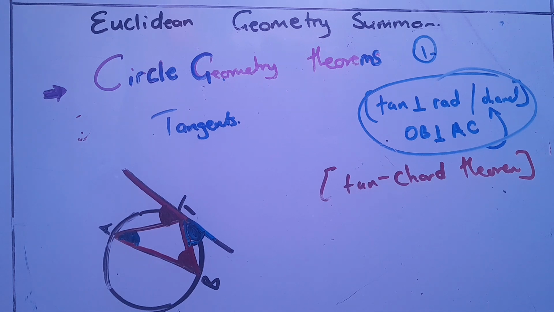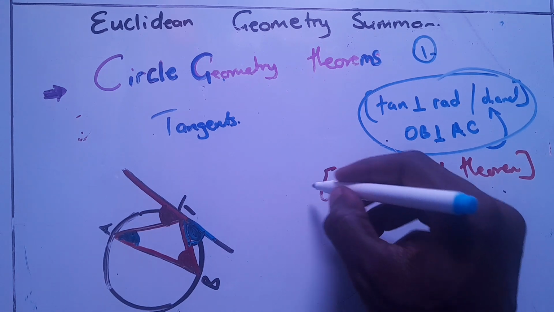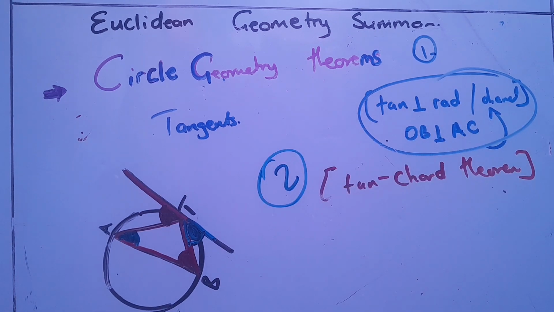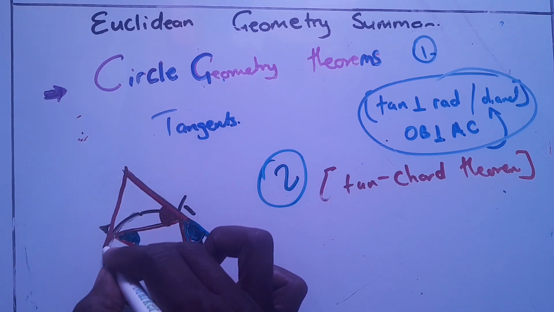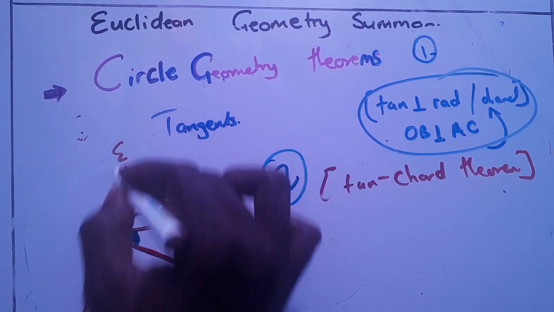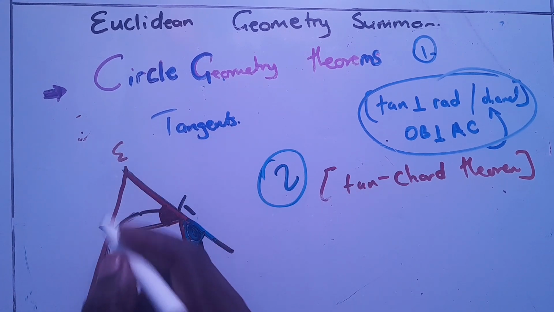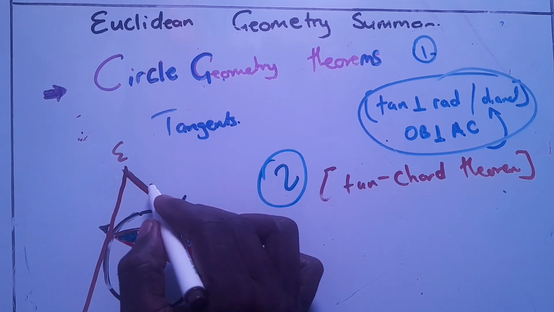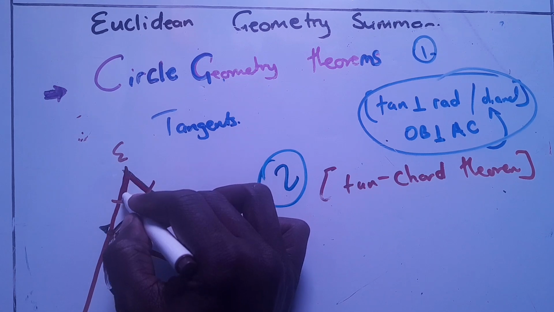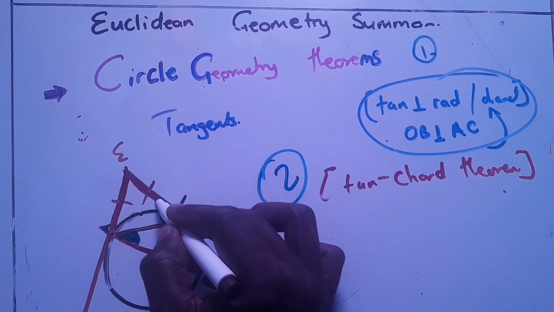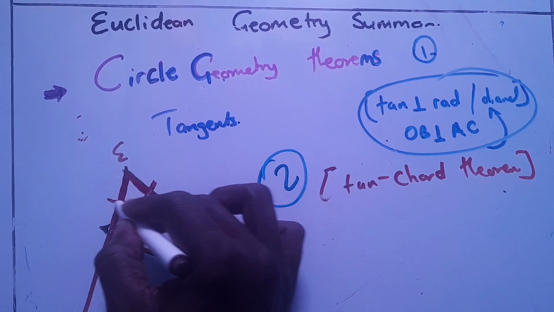The last one that we can have on tangents, the second situation that you have to check for whenever you are given tangents, is if we are having two tangents from the same point outside the circle. These two tangents from the same point outside the circle will always be equal from the point of contact. So this will always be equal to that.